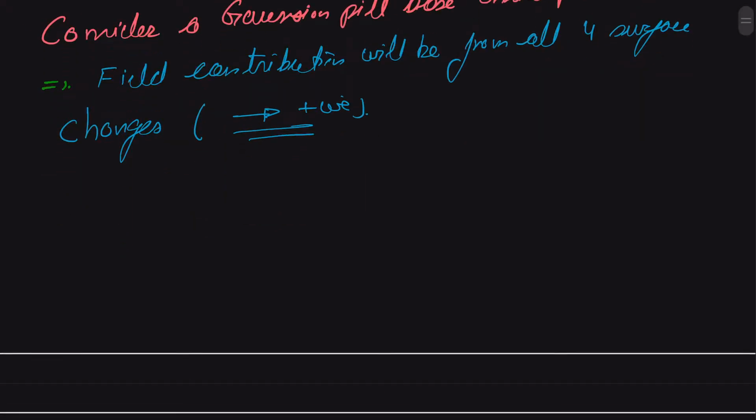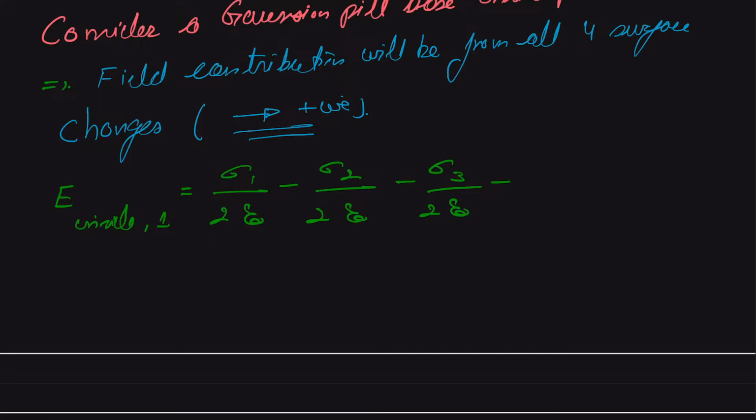Therefore, we can say that the electric field inside plate 1 will be equal to, because of our 4 surface charges, first one sigma 1 upon 2 epsilon naught minus sigma 2 upon 2 epsilon naught minus sigma 3 upon 2 epsilon naught and minus sigma 4 upon 2 epsilon naught.